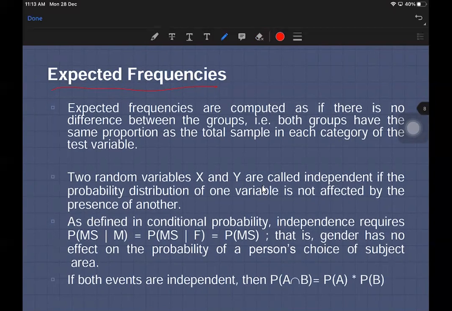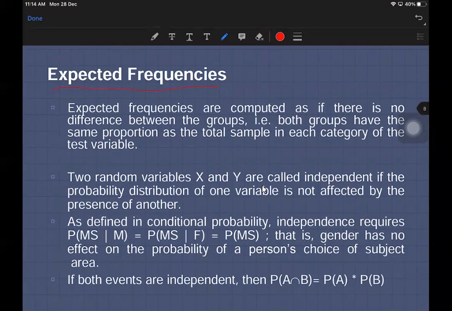So two random variables x and y are called independent if the probability distribution of one variable is not affected by the presence of another. As defined in the conditional probability, independence requires that probability of math science given that male equals probability of math science given that female, which is equal to probability of math science.